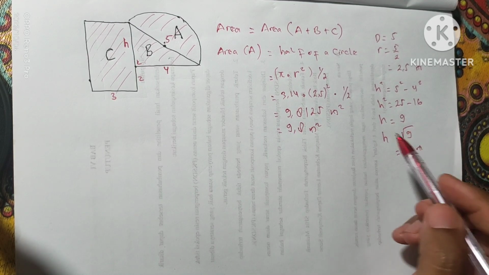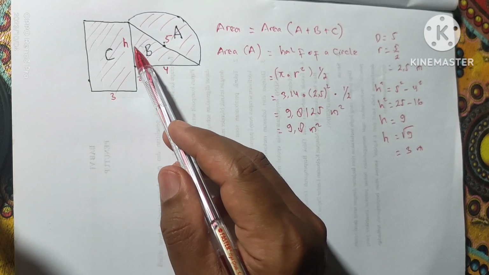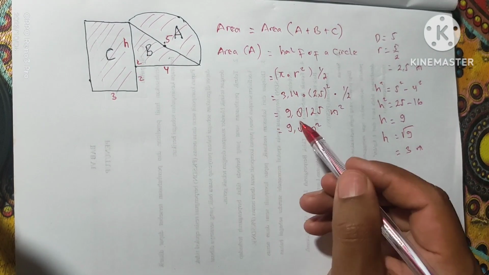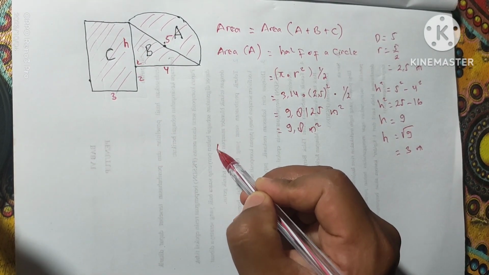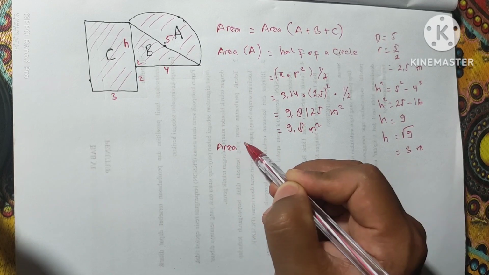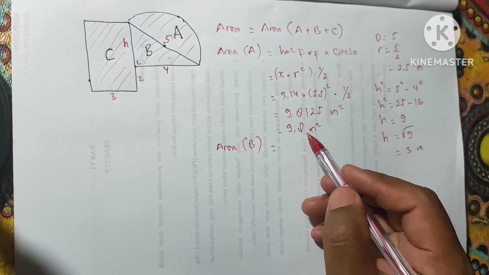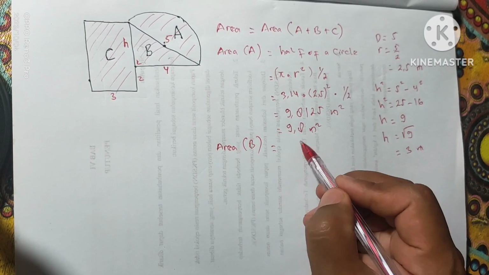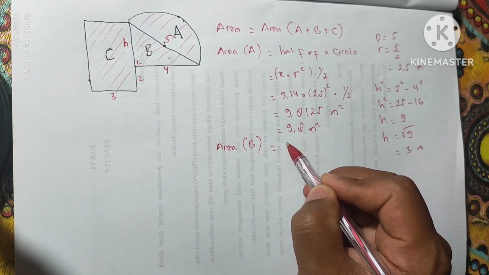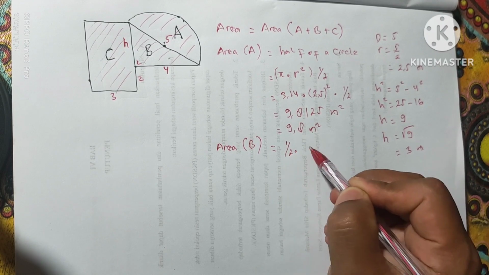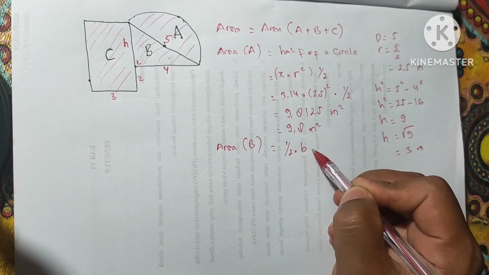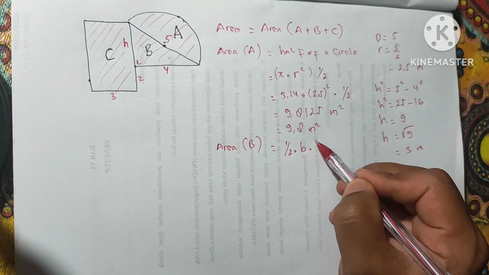Okay. Now we already found h, so now we can find the area of B. We know the formula for a triangle, that the area is half times the base times the height.